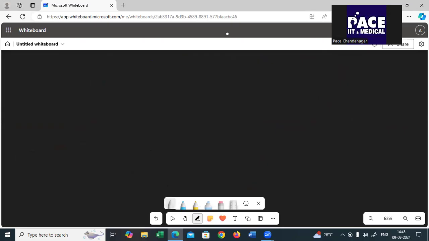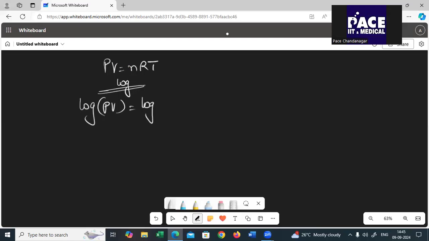So how well is your gas compressed? If I say PV is equal to nRT, apply log on both sides. I'm just trying to derive something here, please try to do it now. Log PV is equal to log of nRT, so log P plus log V is equal to log of nRT.